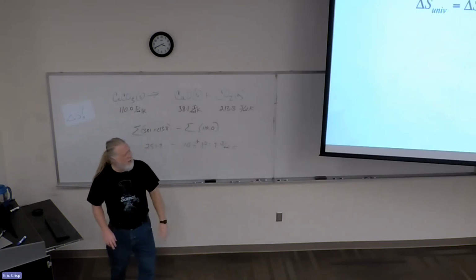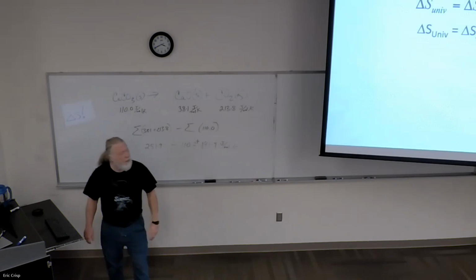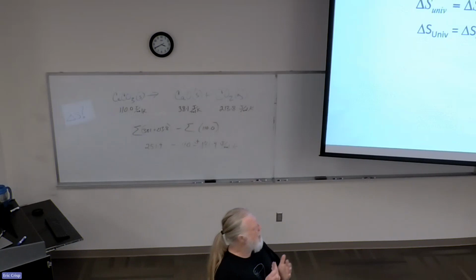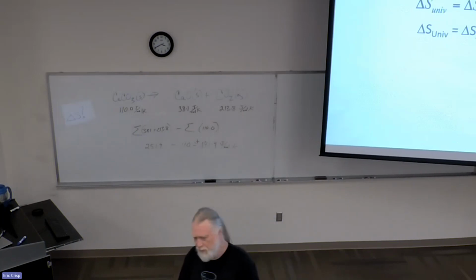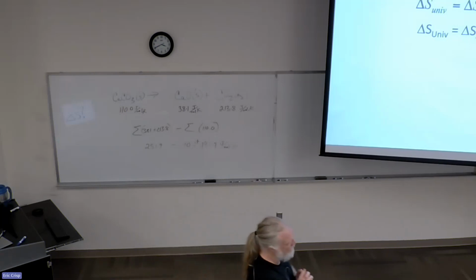Okay, so there's our equation again. Ready for some algebra? I know how much y'all love the algebra, right? Here comes the algebra. The amount of heat that flows to the surroundings is the negative of the delta H of the system. Does that make any sense? So here's where my negative is coming from.